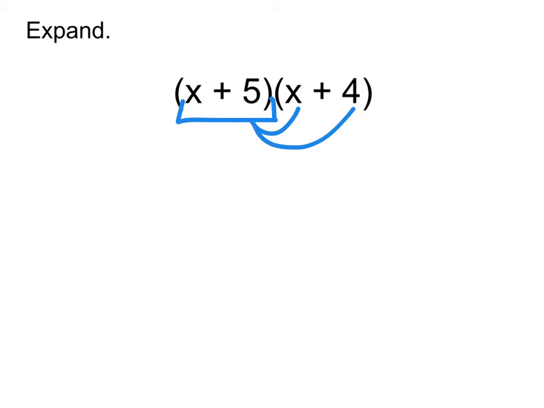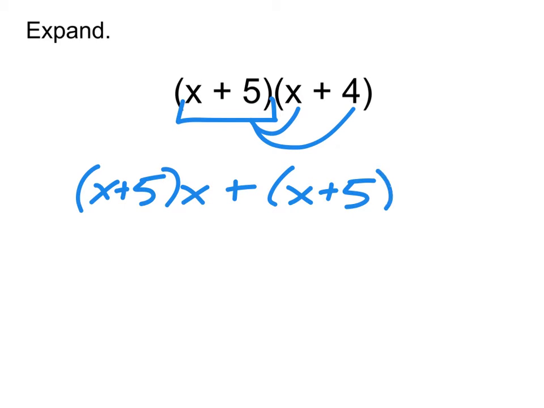Now you don't need to write it out quite yet. I just want to kind of explain why we do what we do first, which means that we're going to be doing the x plus 5 times x, and then plus we have to do the x plus 5 times 4. This is distributed properly like we've seen it before, but that x plus 5, it looks really ugly, right? And so then we end up having to distribute again. So I end up multiplying the x into both of those and the 4 into both of those.